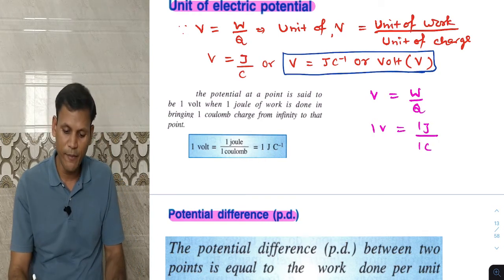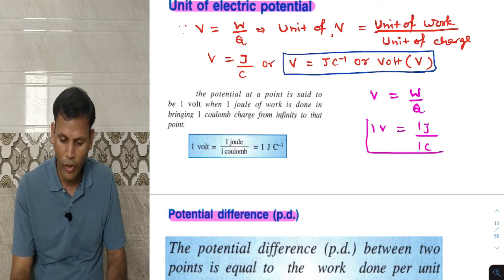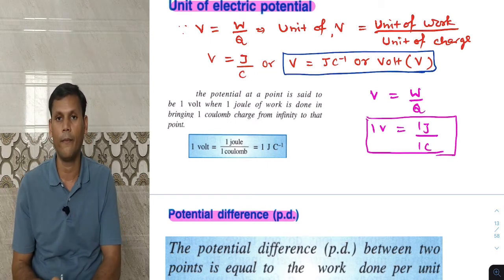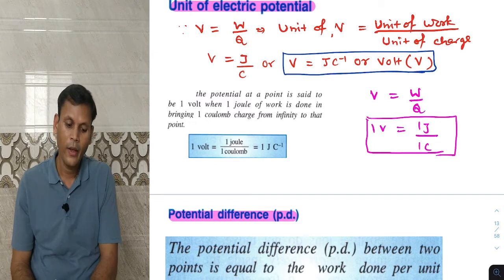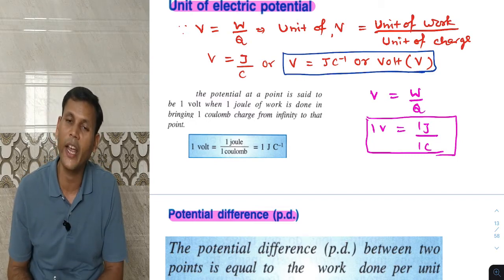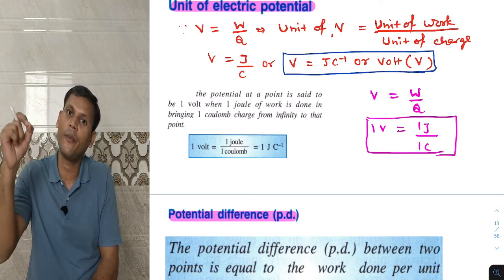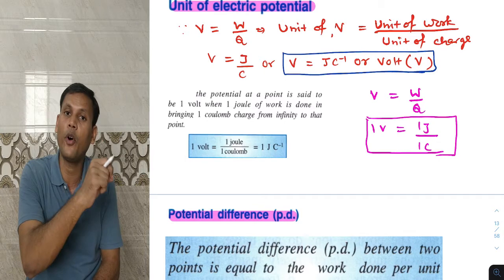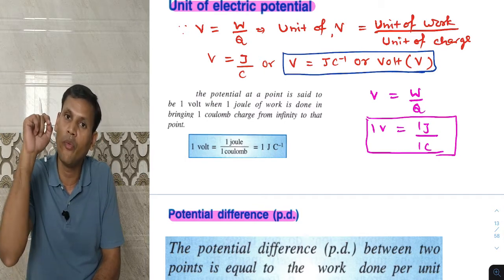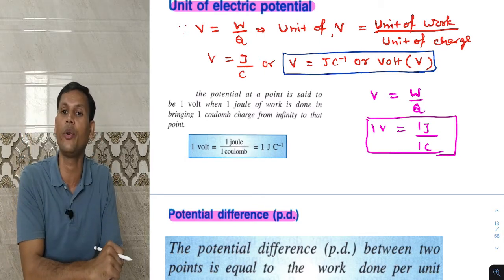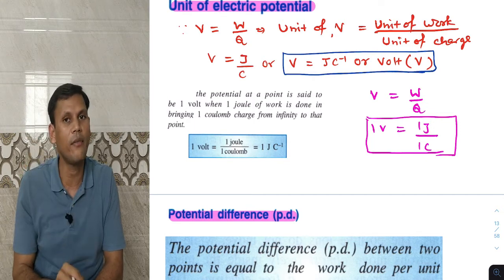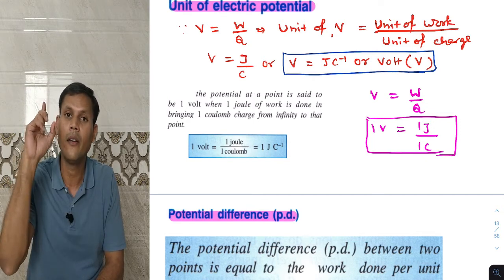So we can say simply 1 volt will be 1 joule upon 1 coulomb. The potential is said to be 1 volt if we are bringing 1 coulomb of charge from infinity to any point, and we are doing 1 joule of work during that, then the potential will be said to be 1 volt.